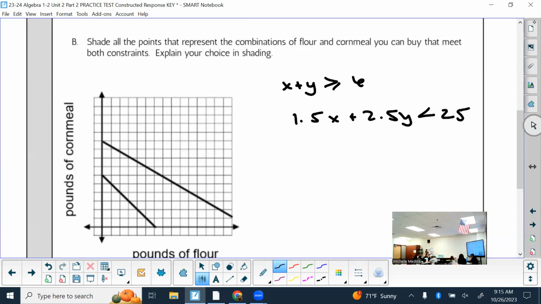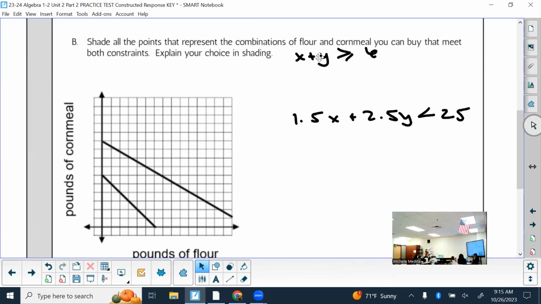Okay. So let's start with this one that is easier to put in slope-intercept form. How do I get the Y alone on this one? How do I isolate the Y in this one?